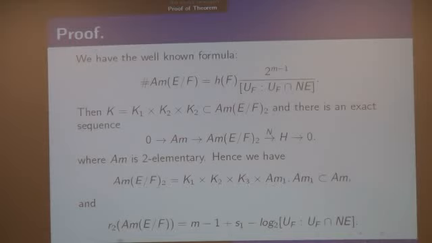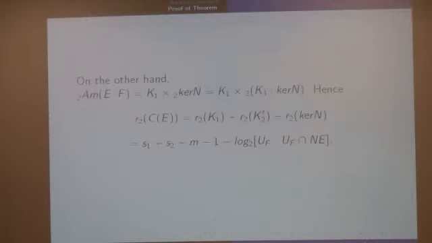From these directions we can get the ambiguous class group, and the 2-rank equals to M minus 1 plus S1 log of this number. We can also use this I2 K1 plus 2-kernel N is K1 times this subgroup. Hence, R2 CE equals to this formula.